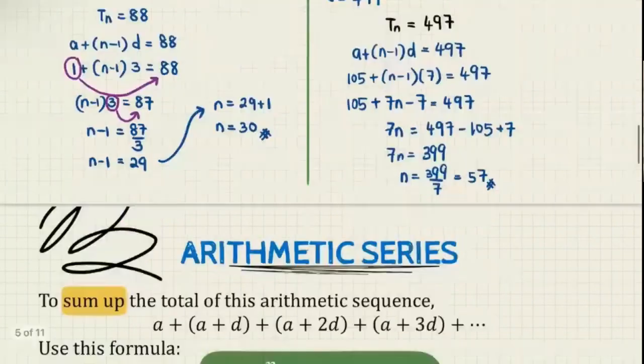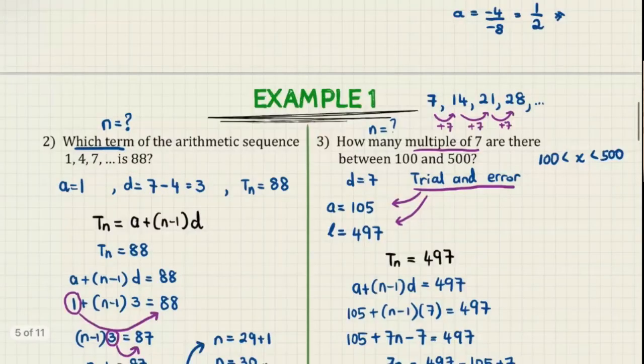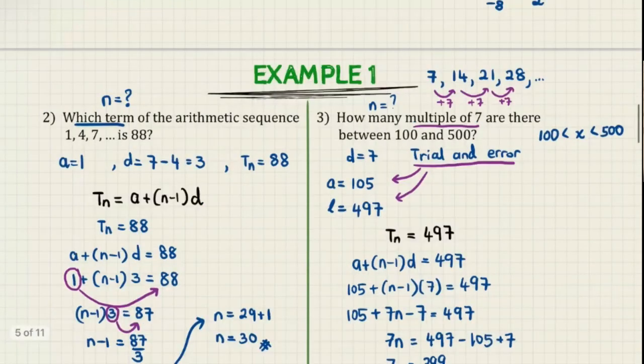So now kita pergi kepada arithmetic series. Okay, so what is an arithmetic series? So tadi kita tengok sequence. Sequence dia merujuk kepada nombor yang dipisahkan koma. Kalau perhatikan nombor yang diberi dalam bentuk sequence adalah 1, 4, 7, and so on.